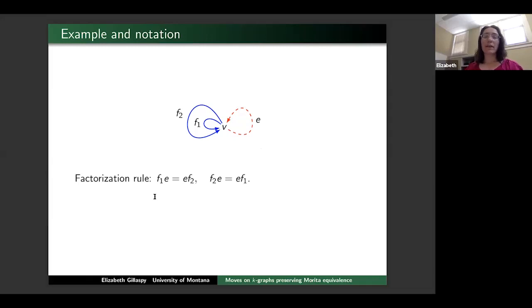So I have to make a choice here. I've got a red-blue path, EF1. It has to be equivalent to some blue-red path, and I could pick either F2E or F1E. If I pick F2E, then when I look at the other red-blue path, EF2, that has to be equivalent to F1E. And so the C-star algebra that we get out of this turns out to be O2 cross Z. So the O2 is coming from the copy of F1 and F2, right?